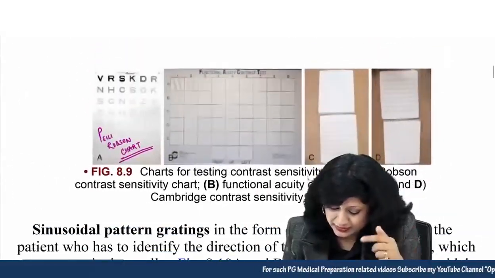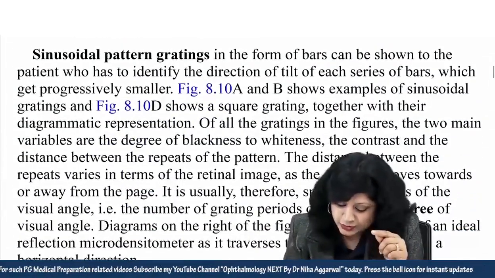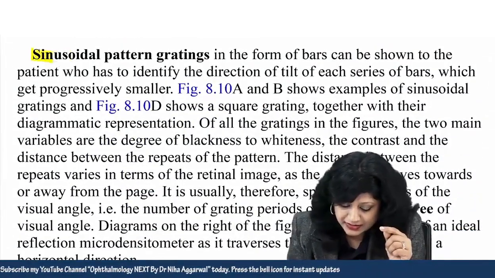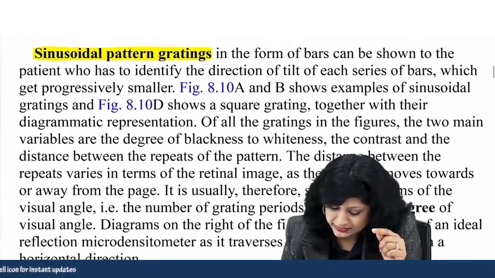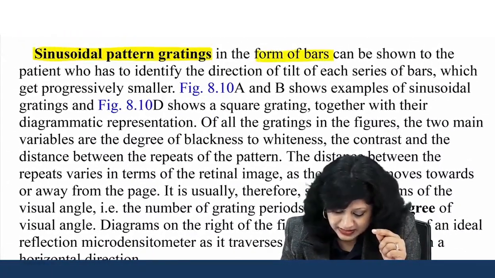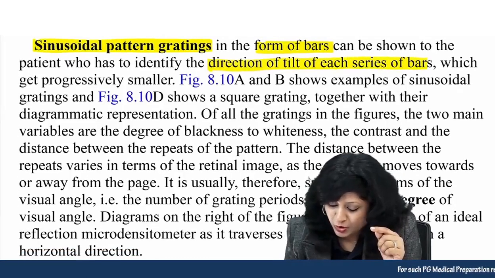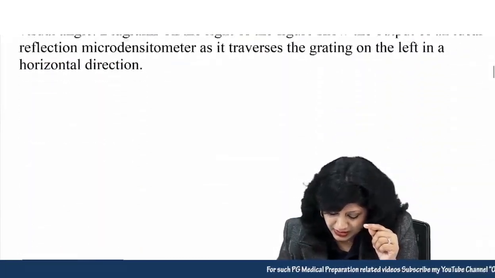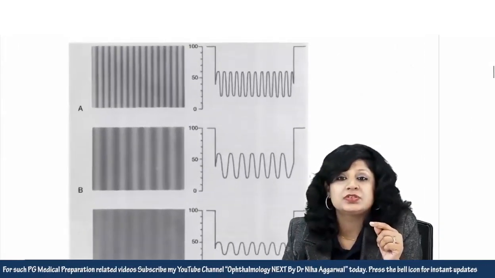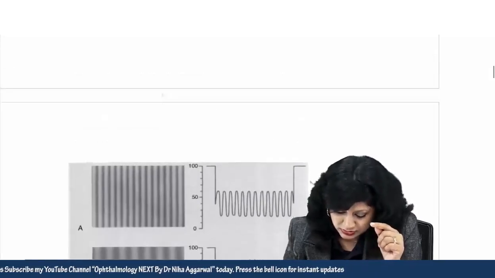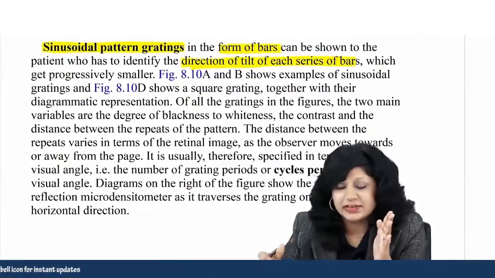Can you see we have certain curves here. These are your sinusoidal pattern gratings. Sinusoidal pattern gratings are used in the form of bars. They can be shown to the patient, who has to identify the direction of tilt of each series of bars. These get progressively smaller and smaller.